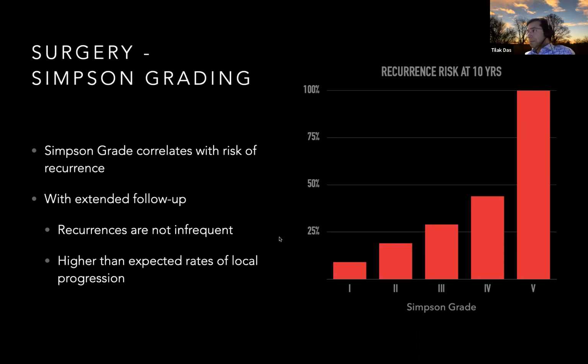So grade 1 is a complete resection, and grade 5 is effectively a biopsy, so almost no resection of the tumor, and everything in between. And what this graph shows is the risk of recurrence. So as the grade increases, there's clearly an increased risk of recurrence.